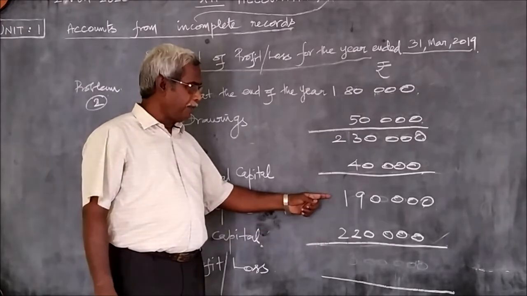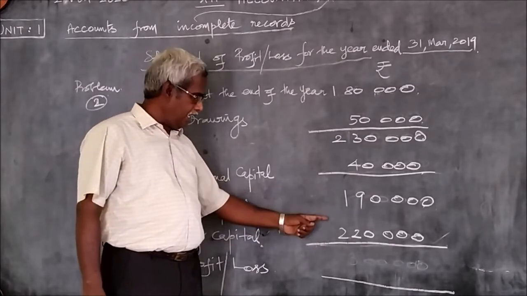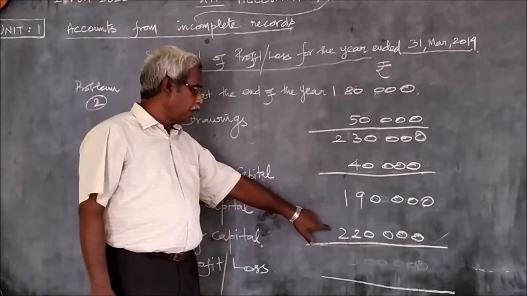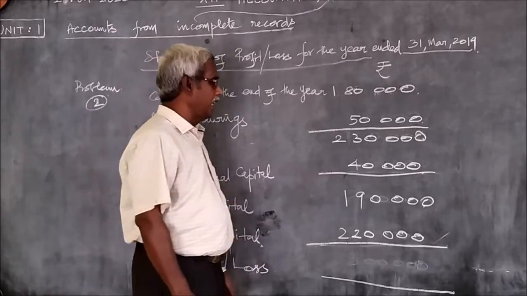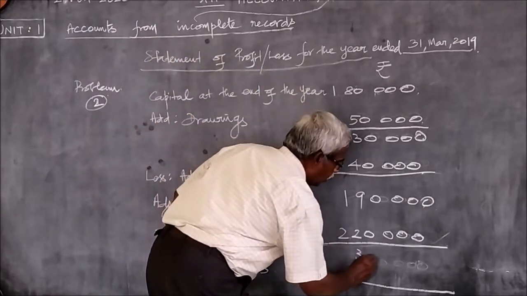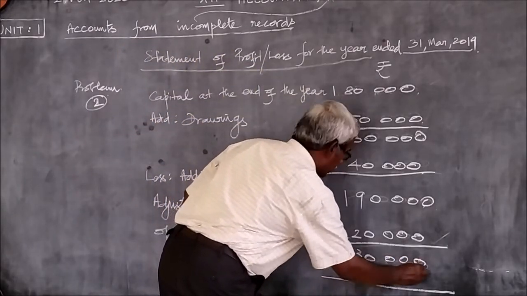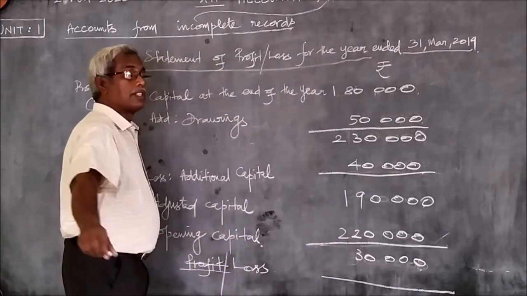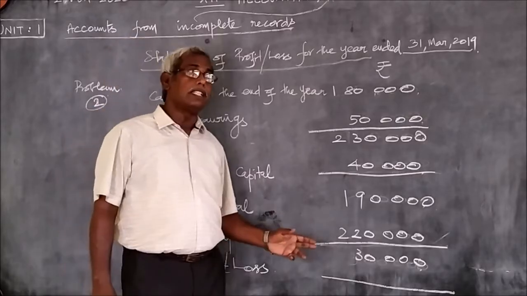Now this top number is smaller and the bottom number is greater. So you minus in the reverse way. 2,20,000 minus 1,90,000. So you will get 30,000. This is a loss. It is not at all profit.